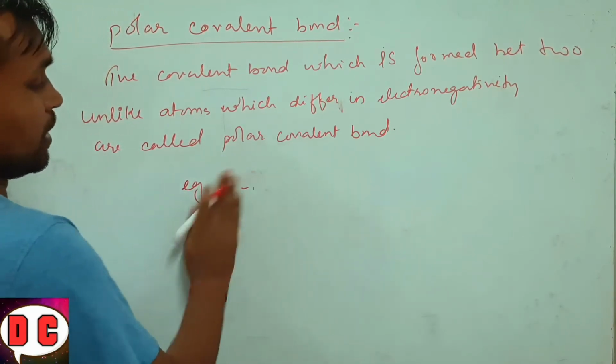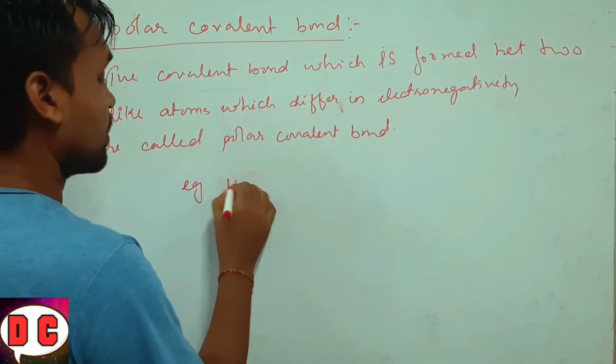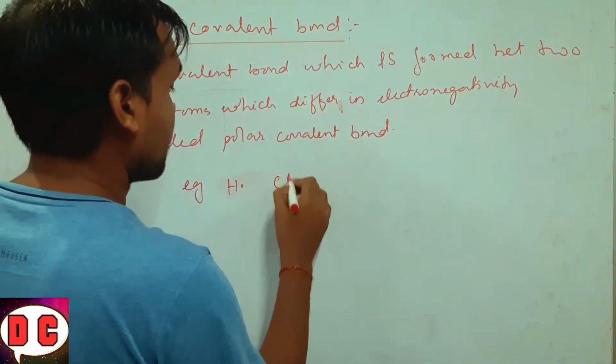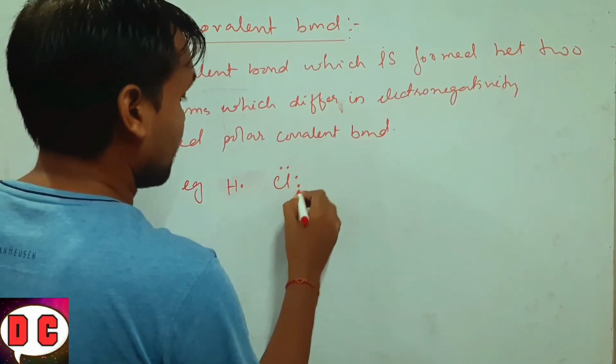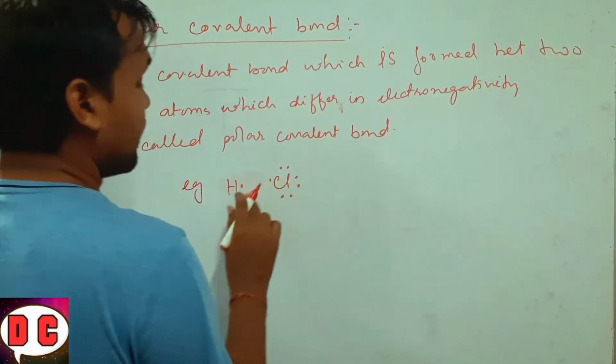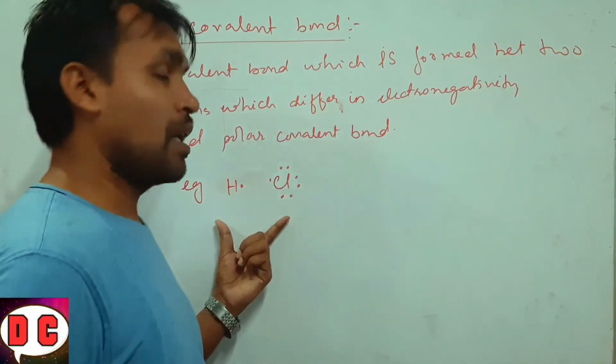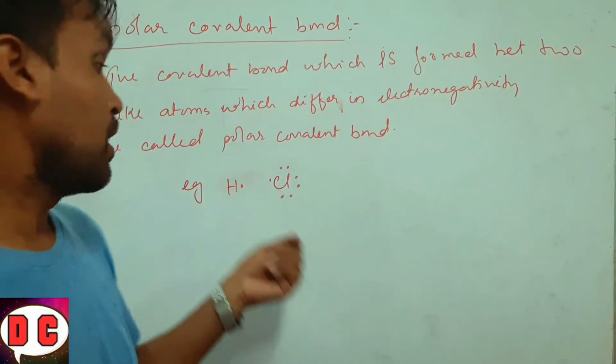H has only 1 electron, and Cl has how many electrons? 7 electrons. The electronegativities of both these atoms are far away from each other.